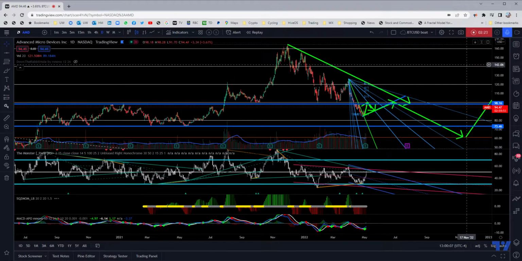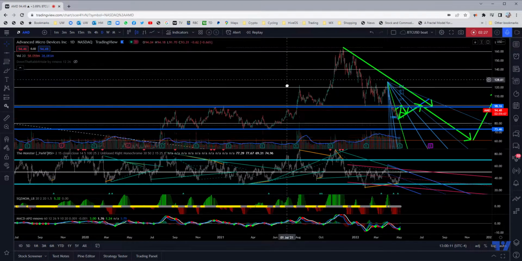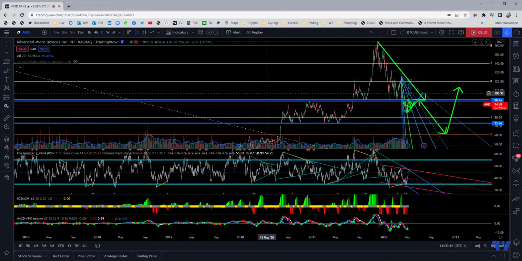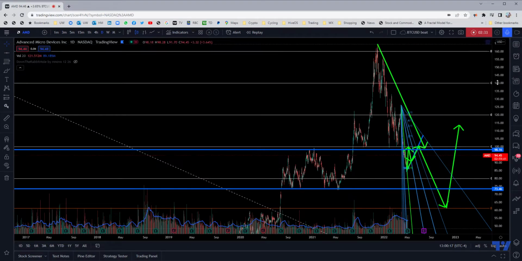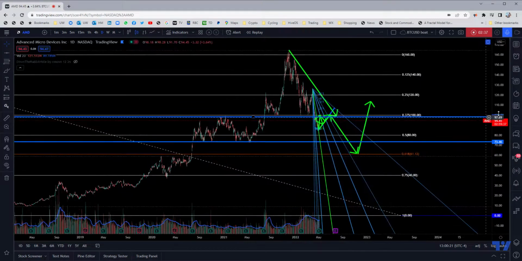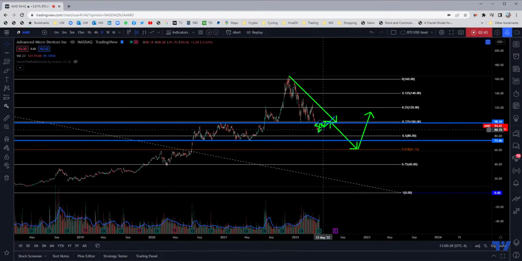Actually, I'll just go full screen on here. So we did the GAN and fib squaring range. We'll get rid of this for now. We already talked about that argument.